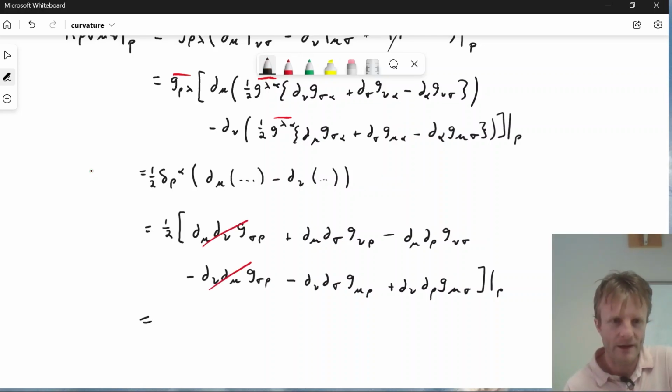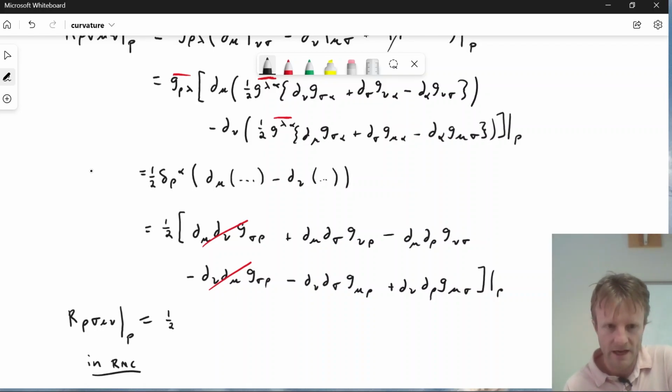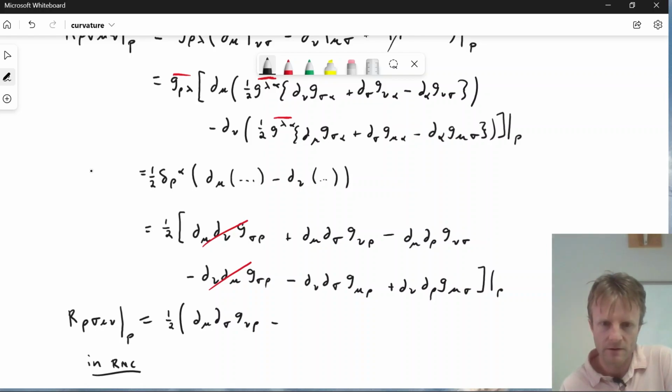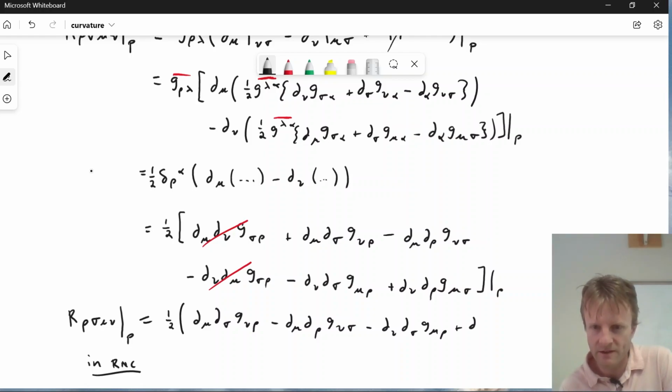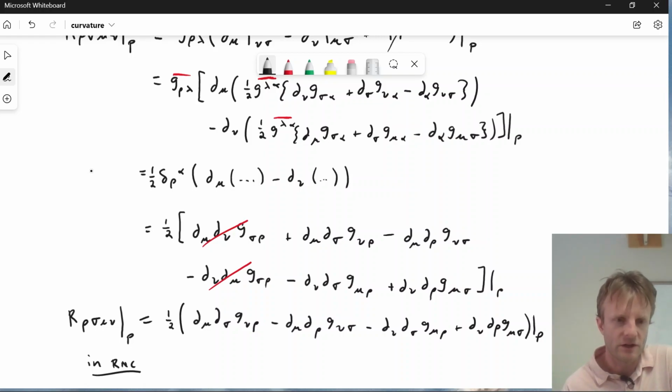Here's one. And so now we have this nice formula that R rho sigma mu nu at this point P in Riemann normal coordinates is equal to 1/2 del mu del sigma g nu rho, minus del mu del rho g nu sigma, minus del nu del sigma g mu rho, plus del nu del rho g mu sigma, again all at a point P. And this is very much in this special coordinate system.